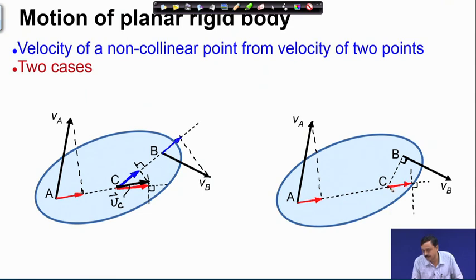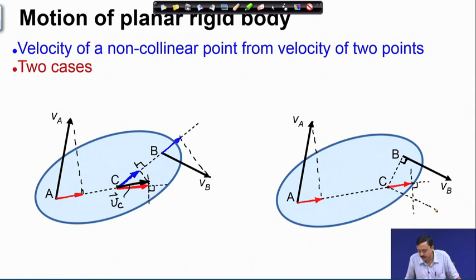So, it is this point C itself. So, if I have to draw a perpendicular to the direction CB, it must be through the point C. Because the projection of velocity of C along CB is 0, that velocity along CB is the point C itself.